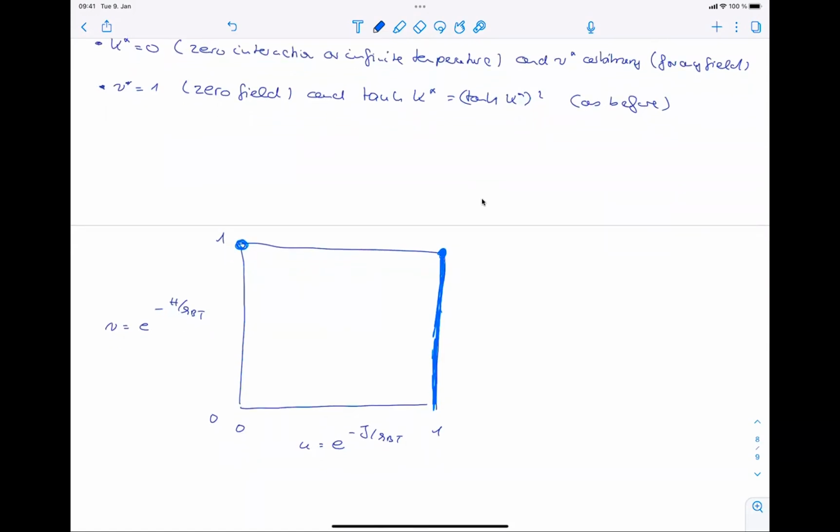And to just complete this drawing before we have all the results already. So these are the stable fixed points, and this is the unstable one. So this is a whole line of stable fixed points.